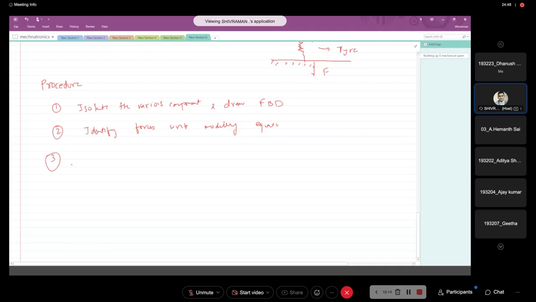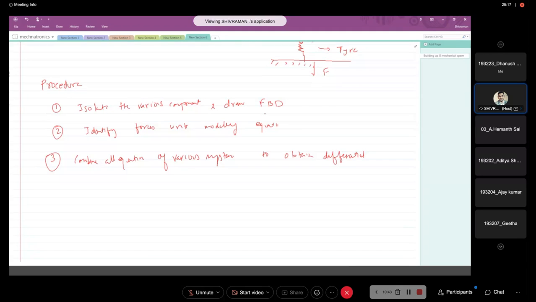Third, combine all equations of the various systems to obtain a differential equation. So first you isolate and draw a free body diagram. Then you identify the forces and develop a modeling equation based on that.